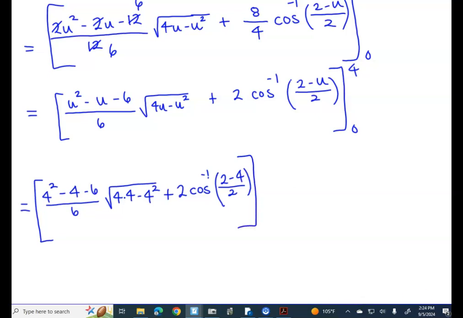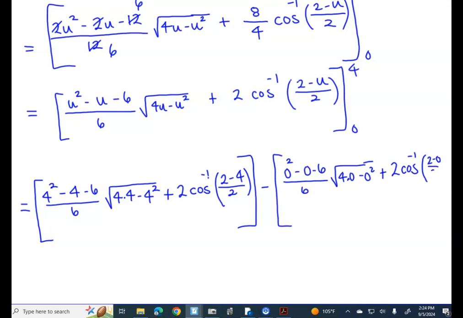And then we're going to subtract 0 squared minus 0 minus 6 over 6 times the square root of 4 times 0 minus 0 squared, plus 2 times the cosine inverse of 2 minus 0 over 2.